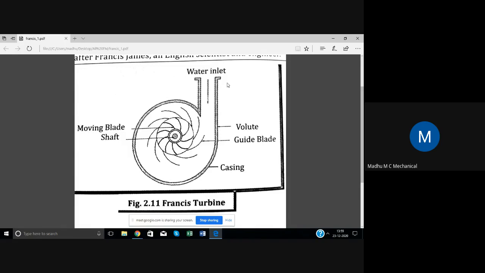So it has an involute shape like this, and in the center you have the wheel or the impeller. After this impeller, you have certain blades here. These are called guide vanes or guide blades. Now this starts rotating and this is inside a casing.